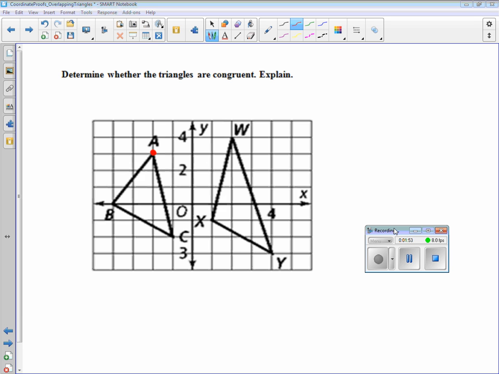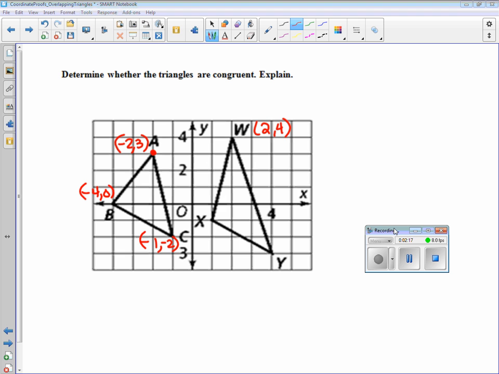So I think this is -2, 3. I'll just write the coordinates at the top, okay? This is -4, 0. Yes, on your graph paper, I want you to copy these pictures down. And -1, -2 down here. And then W is 0, 4.